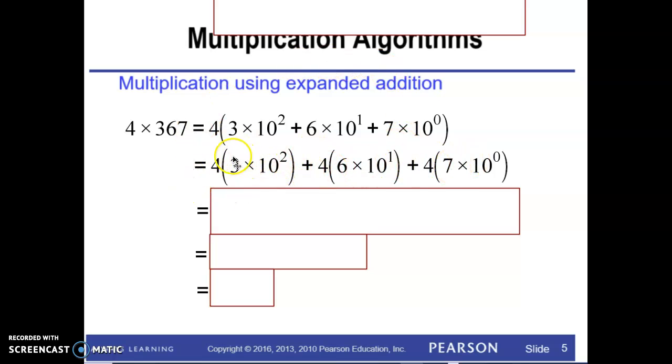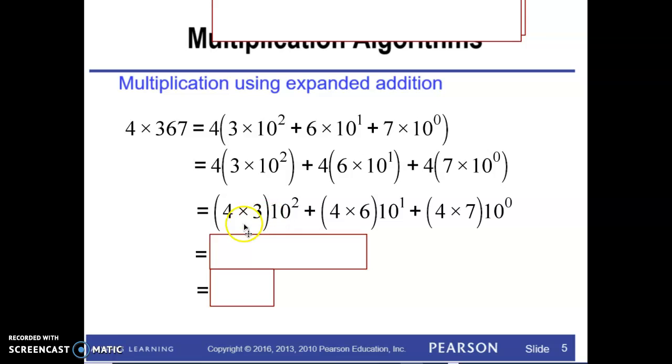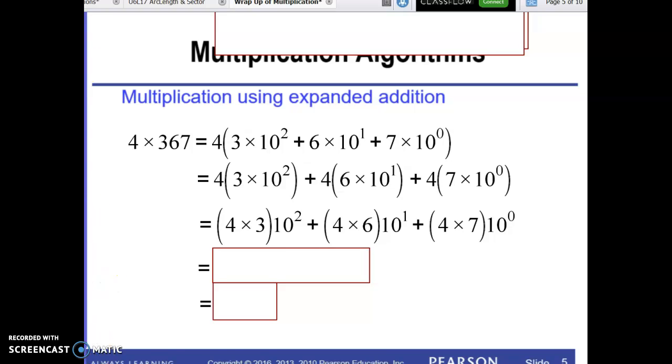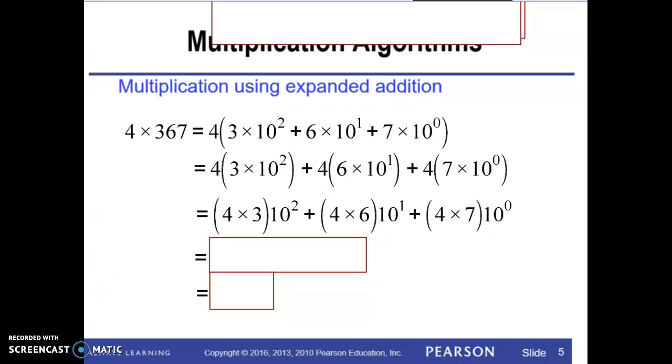Well, it would be convenient if I could multiply these together instead of multiplying those together. So I'm going to use my associative property to reassociate the original numbers together and move the powers of 10 off behind that.